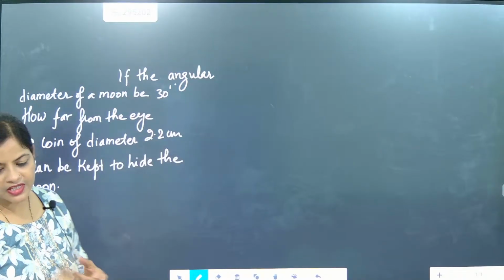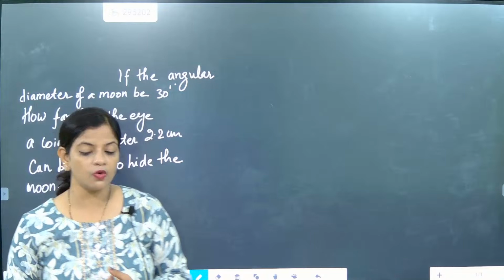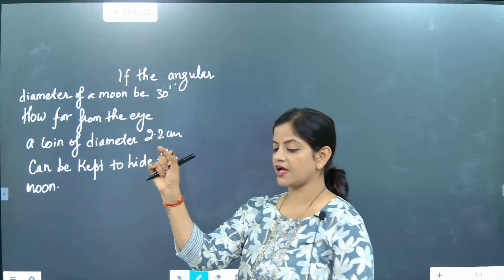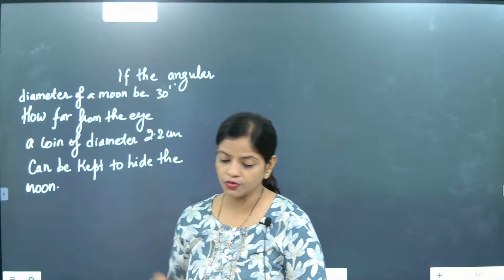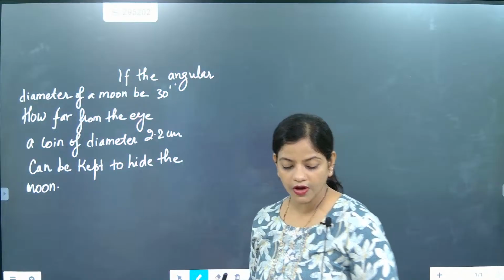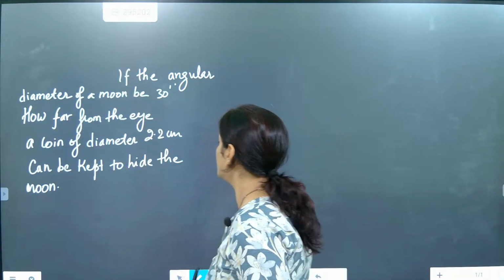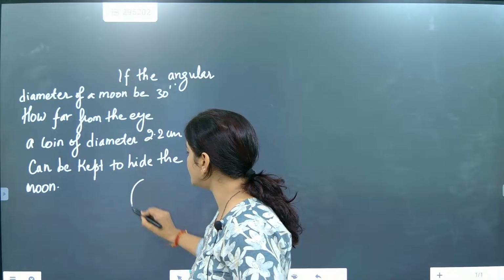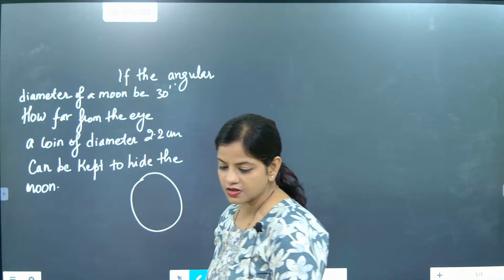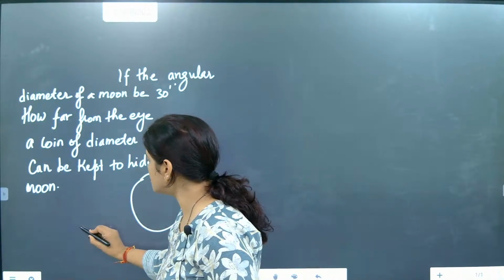Okay, so that means basically we are going to keep a coin in front of the eye and we are going to hide the moon. So exactly how we are thinking about it. This is the moon and this is the coin.